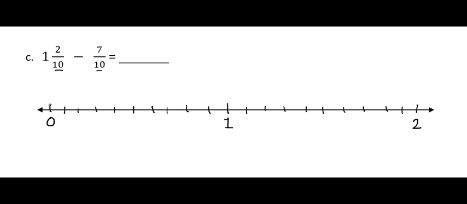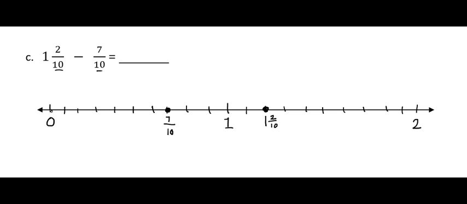So I have my number line divided into tenths, and I want to find these 2 fractions on the number line. Well, 1 2/10 would be 2/10 past the 1 whole. So here's 1 2/10. 7/10 would be 3/10 before the 1 whole. So this point is 7/10.